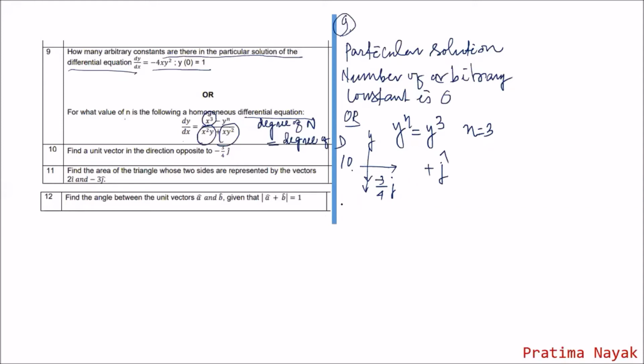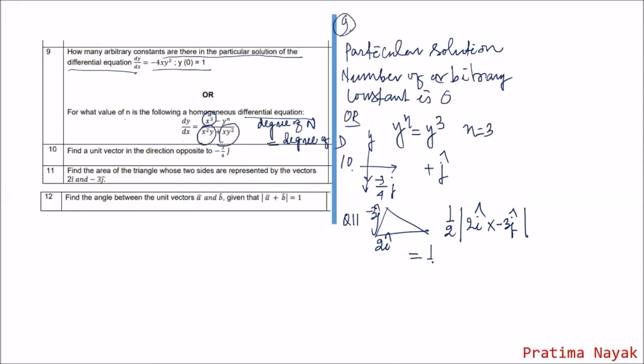Next is question number 11. Find the area of a triangle whose sides are represented by the vectors 2i and minus 3j. So this is a triangle. This is your 2i and minus 3j. You know the vector area will be half into 2i cross minus 3j.